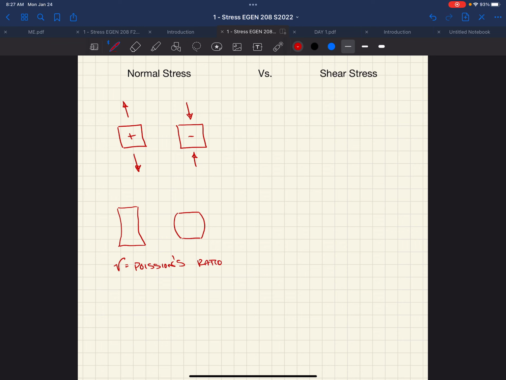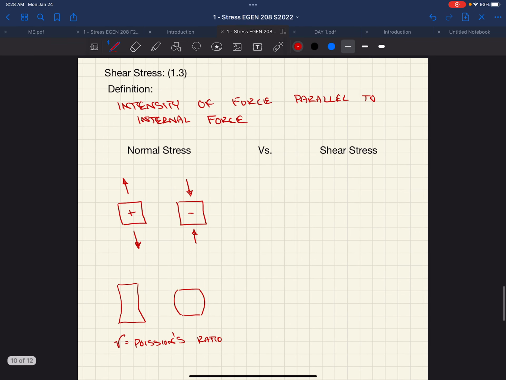If we look at shear stress, we had normal stress, which is perpendicular to the surface. Now our force is going to be parallel to our surfaces. So if we look at a couple of blocks here and we apply shear stress to them, we're going to have positive and negative signs, as we always do.